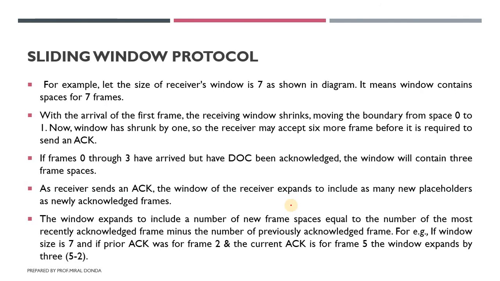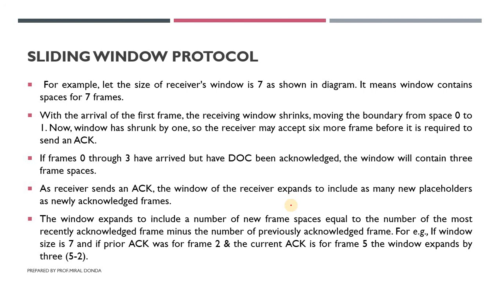This is the same example that I have explained. With the arrival of the first frame, the receiving window shrinks, moving the boundary from space 0 to 1. Now the window has shrunk by 1, so the receiver may accept 6 more frames before it is required to send an acknowledgement. If frames 0 to 3 have arrived but not been acknowledged, the window will contain 3 free spaces.